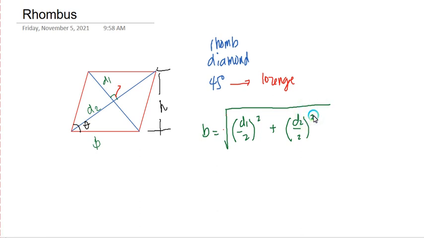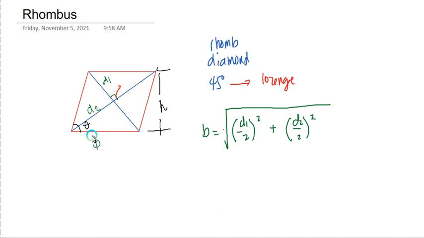Okay, so that is the formula if given the diagonals and we want to get one side. They are also bisectors of the opposite vertices. So the diagonals are bisectors.